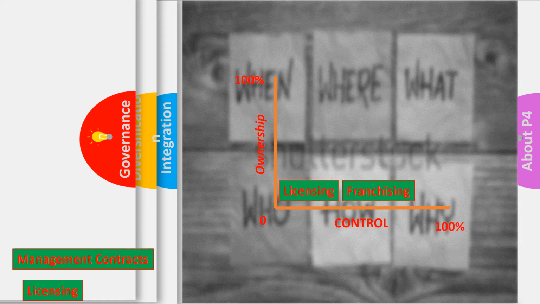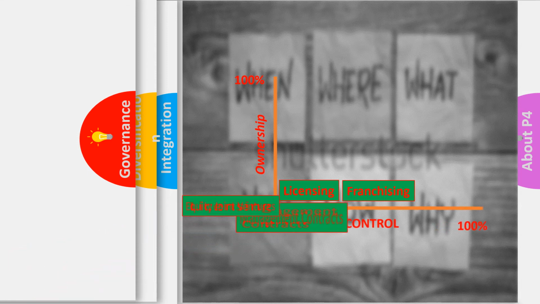Licensing and franchising have the very lowest levels of ownership. And on the bottom axis, you've got control from 0 to 100. Here we can see, with licensing you have less control than you do with franchising.